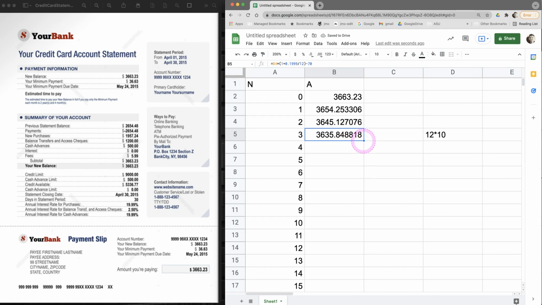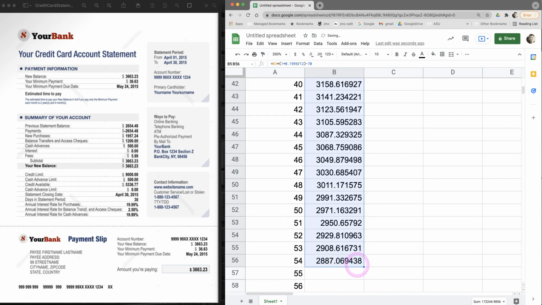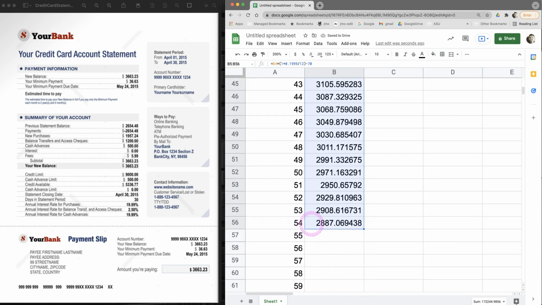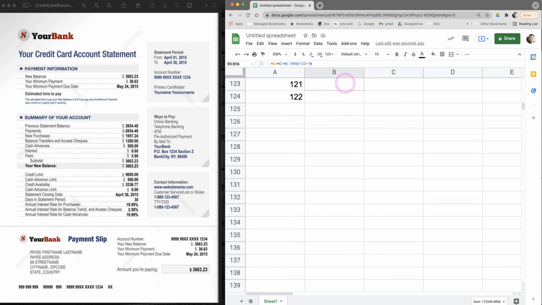Okay, and if we look at how the $3,663 is decreasing over time with $70 payments, after 54 payments, 54 months, you can see that we're down to $2,887 owed. And then around 120 months or 10 years, we're down to $289.